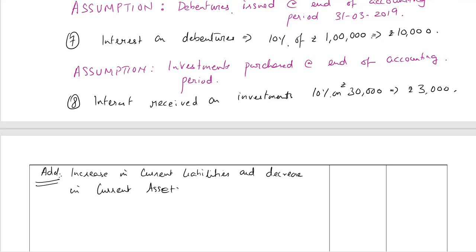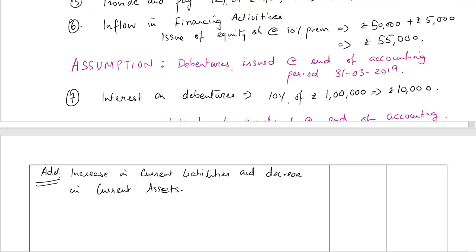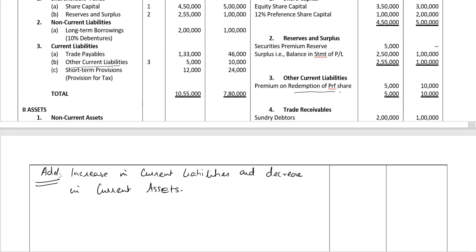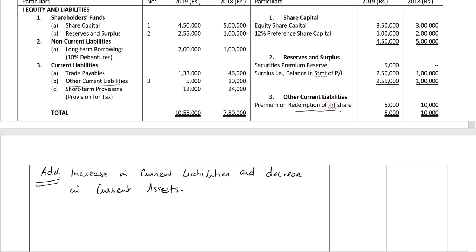Let's check out the current liabilities first. There is only one current liability, trade payables. The trade payables has increased from 46,000 rupees to 1,33,000 rupees.